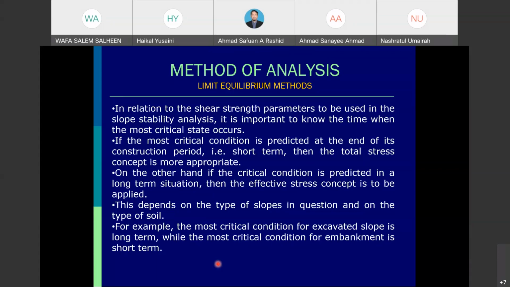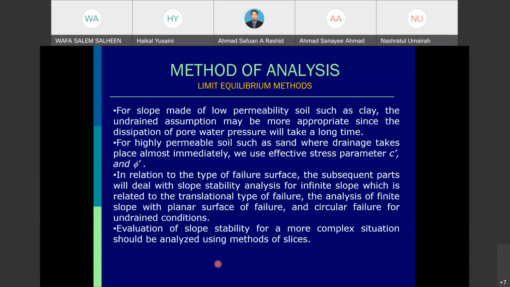For slopes made of low permeability soil, such as clay, the undrained assumption may be more appropriate since the dissipation of pore water pressure will take a long time. For highly permeable soil, such as sands, where drainage takes place almost immediately, we use the effective stress parameters C and phi.